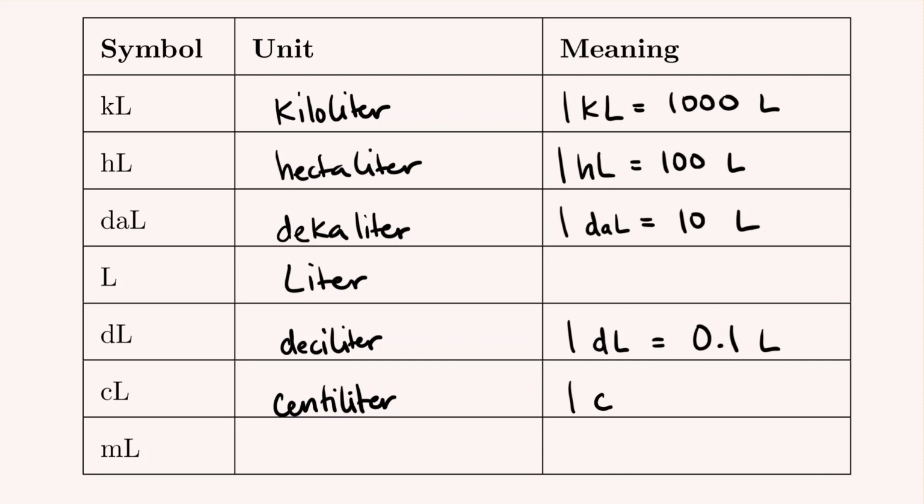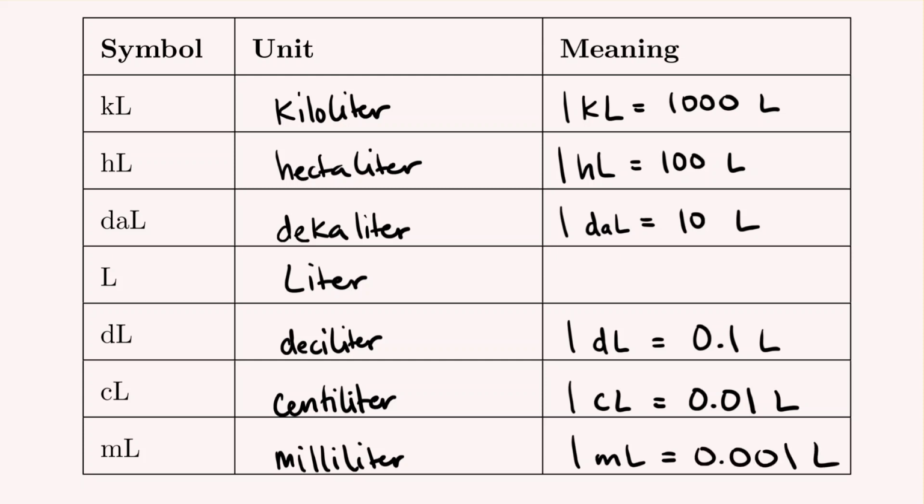So 1 centiliter is 0.01 liters. And finally, we have our milliliters, abbreviated by mL. And 1 milliliter is 1/1000th of a liter. So this would be our conversion factors that relate the different volume measurements in the metric system.